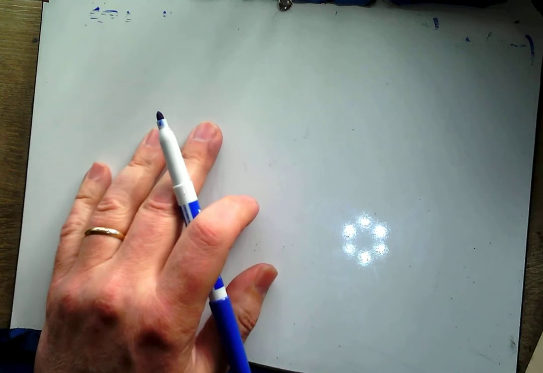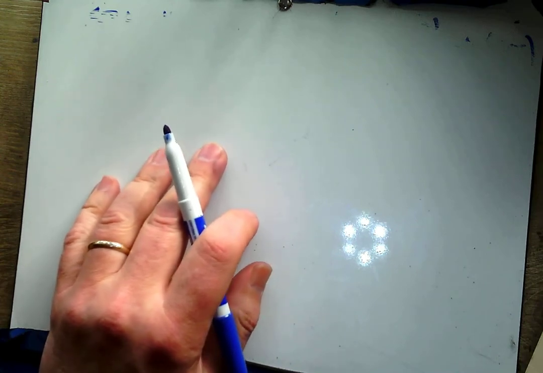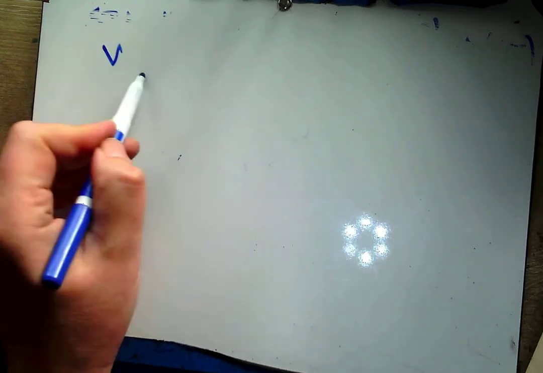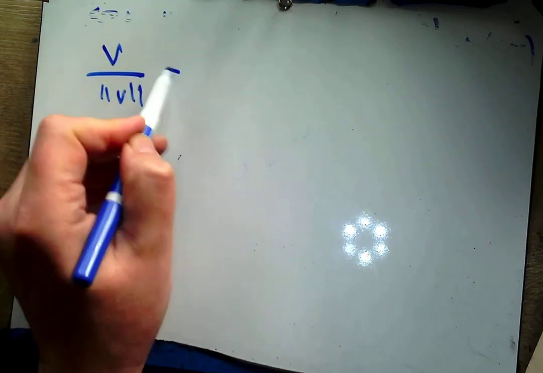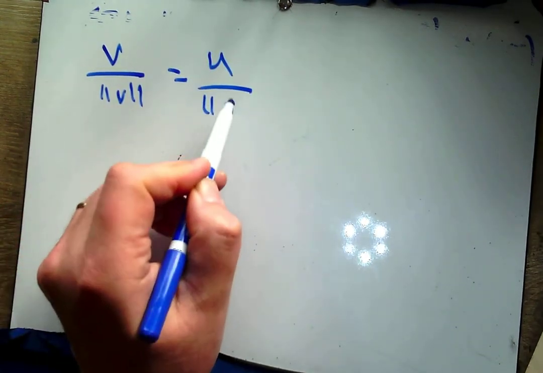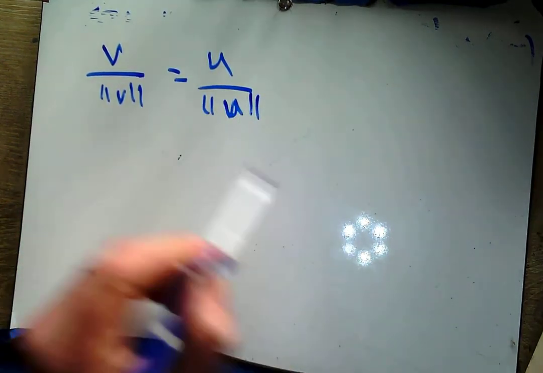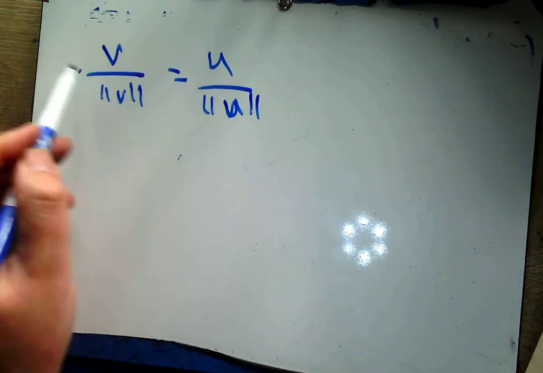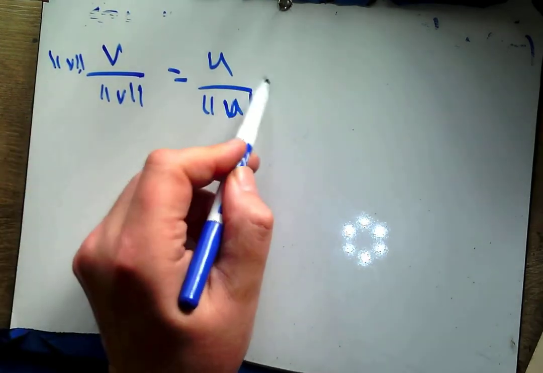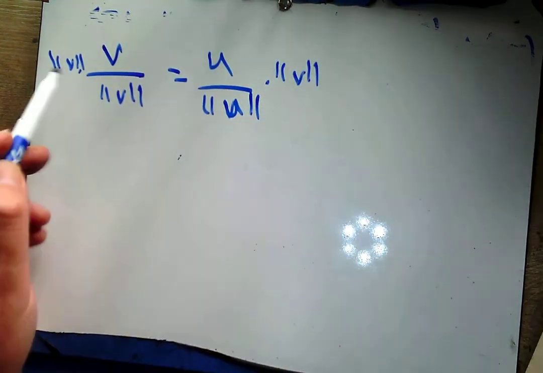Part 2 says, find v with the given magnitude in the direction of u. Oh, yeah, we just did that in station 10. So we know that v over magnitude of v equals u over magnitude of u. And if we're looking for v, that means I have to multiply both sides by the magnitude of v.